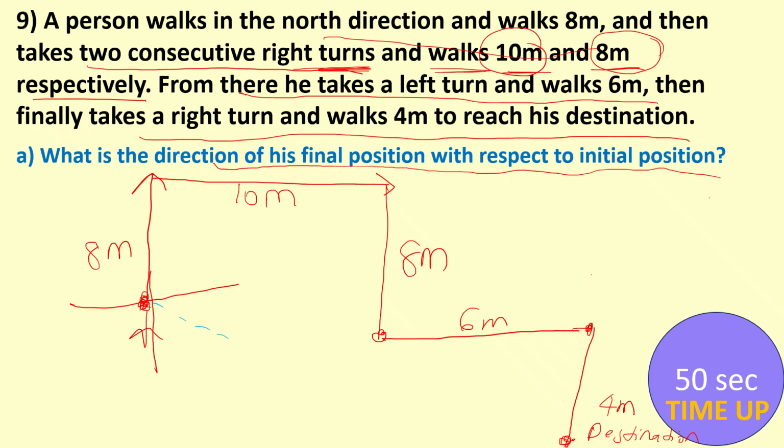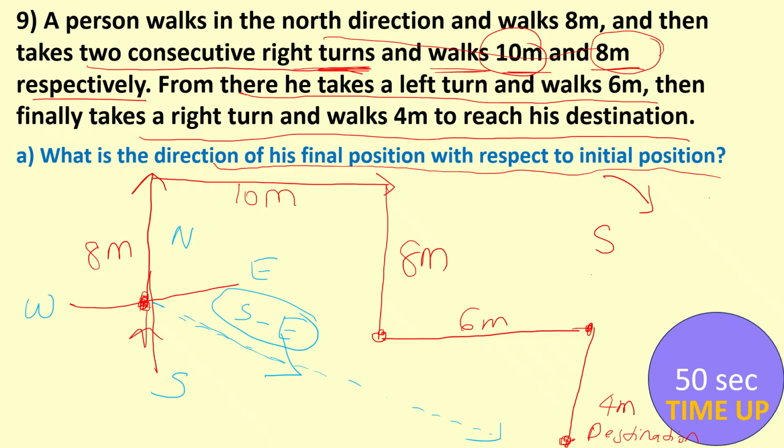From here, this is your east, this is your north, this is your south, this is your west. So which direction is this? This is southeast direction. So the answer to this question will be southeast.